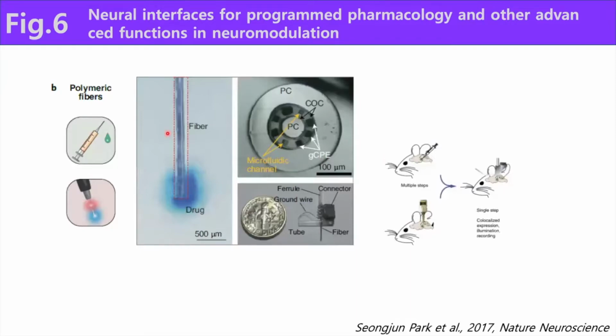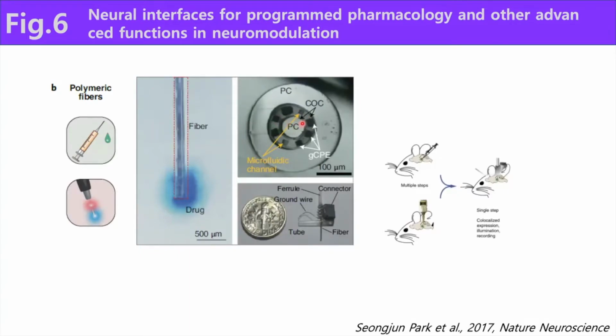And the other is the fiber type microfluidics interface, which combines the microfluidics with the optical fiber. In this image, the drug is delivered through the fiber, which has a core and cladding.